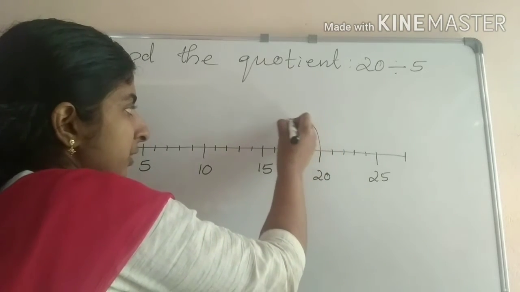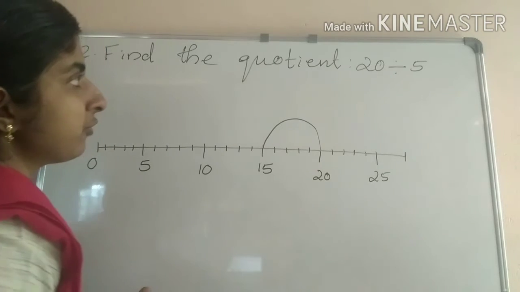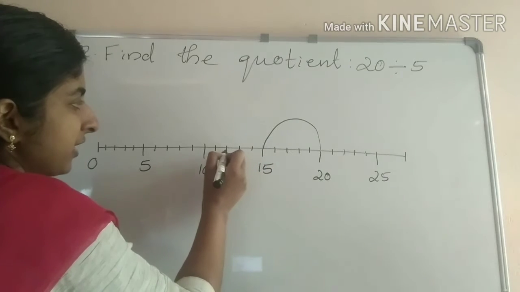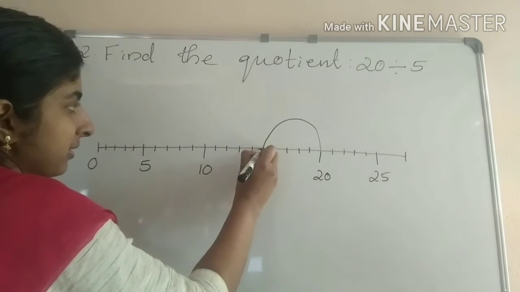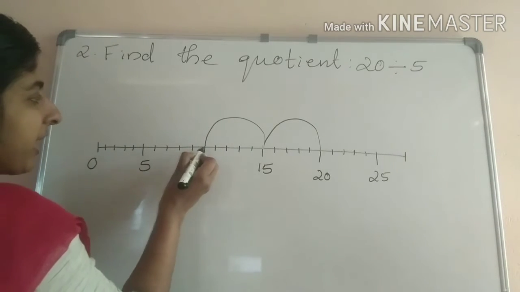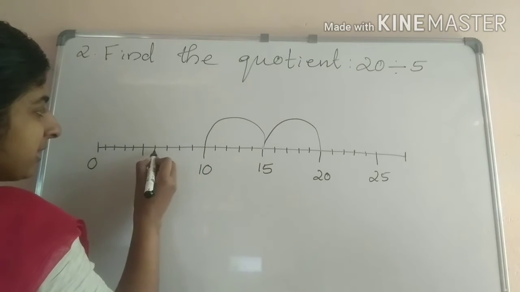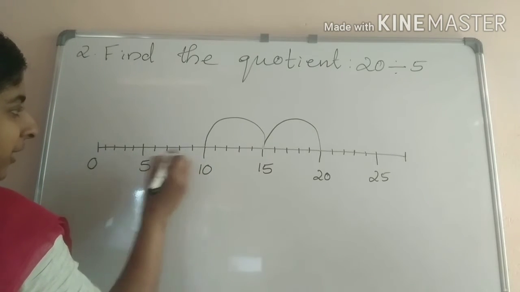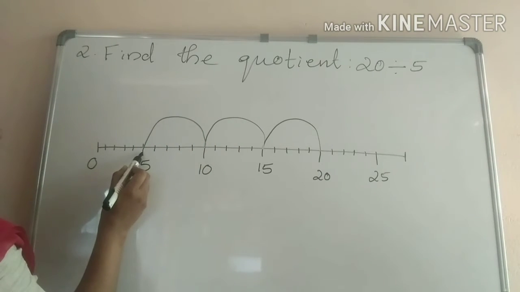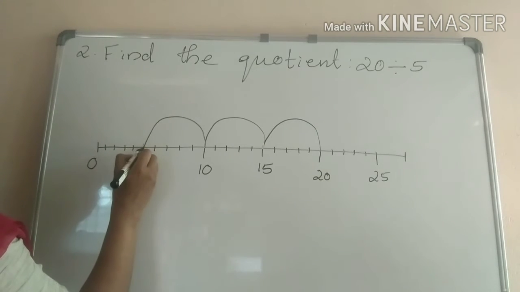Starting from 20, we reach 15. Again 5 steps backward, 14, 13, 12, 11, 10. Again 5 steps backward, 9, 8, 7, 6, 5. Again 5 steps backward, 4, 3, 2, 1, then 0.